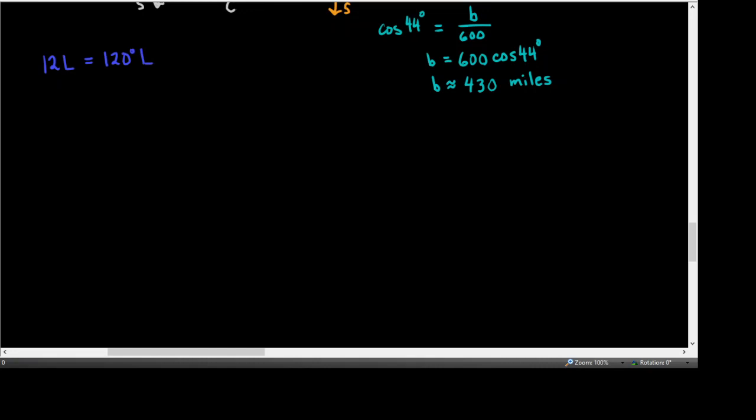So these are going to be multiples of 10 angles, 120 degrees. If you divide that by 10, you get 12. So that's what the 12L stands for, you're 120 degrees left.